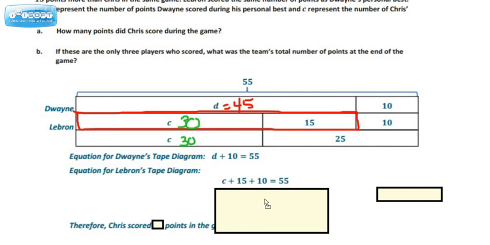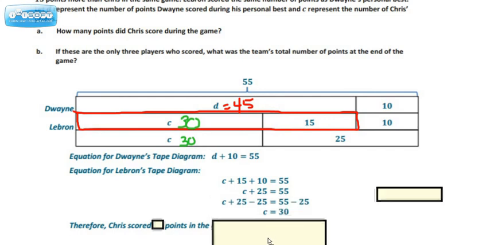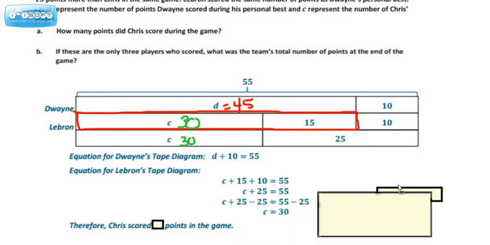C plus 15 plus the 10, if we're concerned about the 10 more than his personal best, equals 55. C plus 25, because we're combining these two things, equals 55. And then we can conclude that the opposite of add 25 to a variable is to subtract 25 from a variable, and we can get 30.